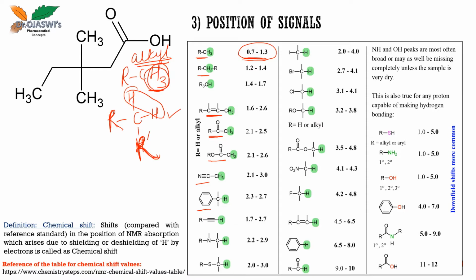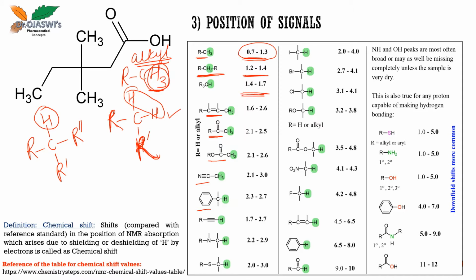So if you see here, higher delta values, and similarly if I go on replacing the hydrogen, suppose now the third position also I have replaced with some other alkyl substitution, now this hydrogen will be de-shielded more, and thus it will appear more downfield.